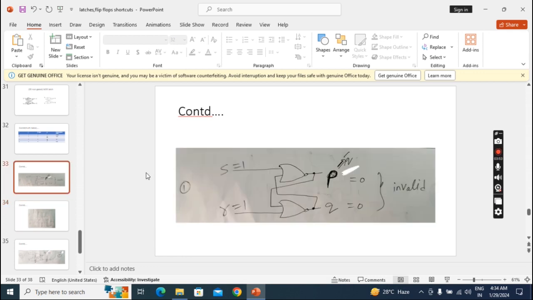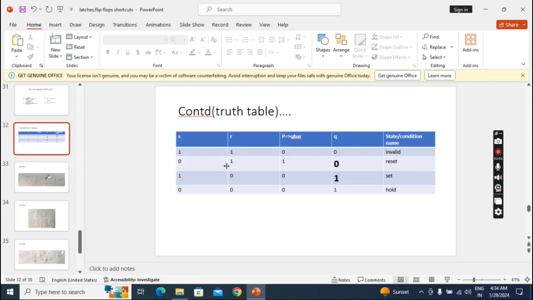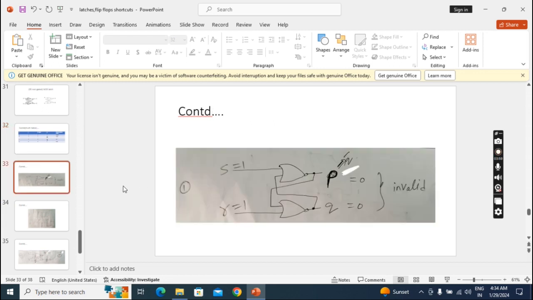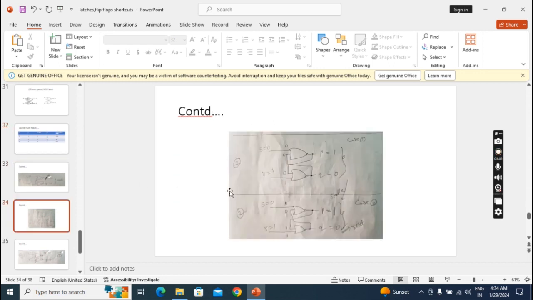Okay, so here I have started immediately S equal to 0, R equal to 1. Observe this. Okay, now initially in the first case I am getting Q bar 1, Q 0. Then when I feedback with the same input maintained, when I feedback this case 1 outputs, I am getting Q bar 1, Q 0. So it is a stable output. So I am taking this as the final output.